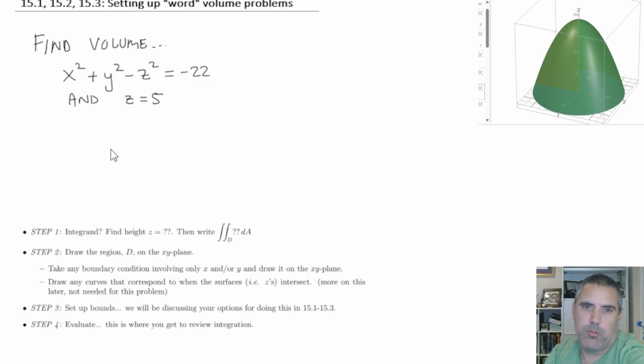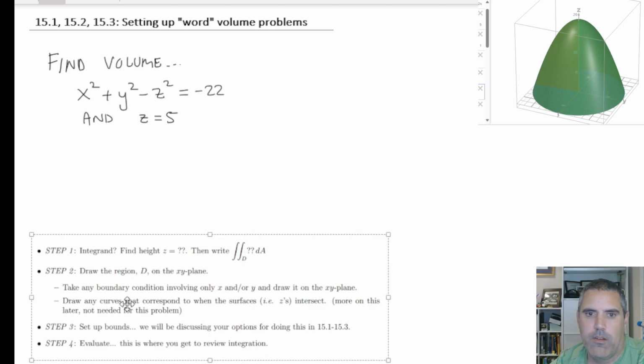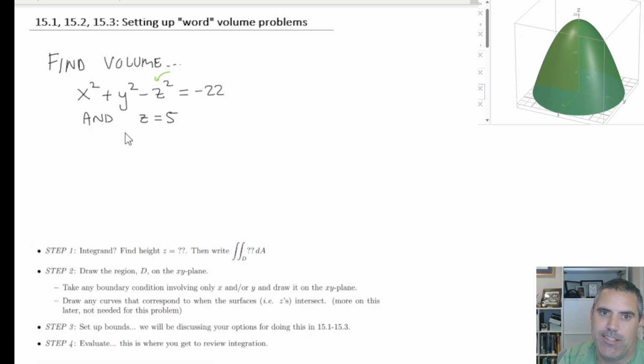So find the volume between the hyperboloid of two sheets and the plane z equals 5. What do we do now? So there's something a little different. This is the last kind of complicating factor, which is find the z's. Now in this case, there are too many z's. So we go, oh shoot, that means there are multiple surfaces I have to deal with, not just one.